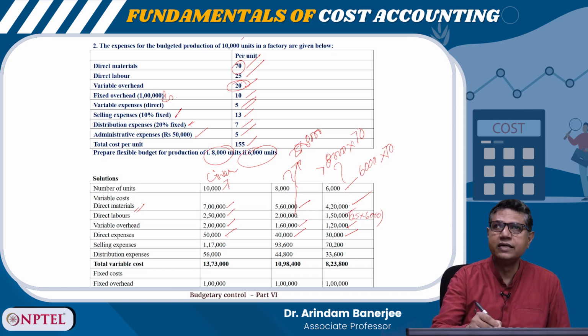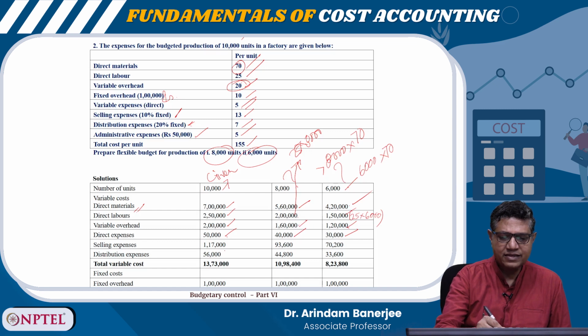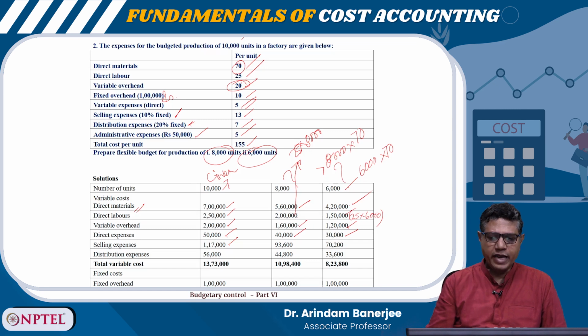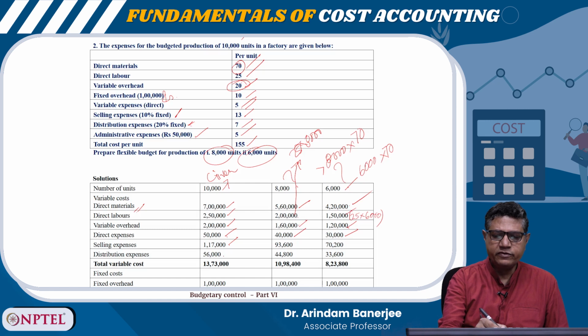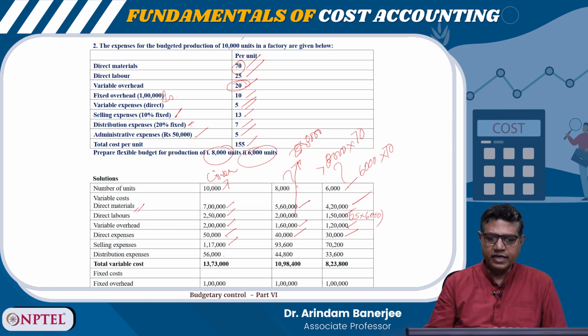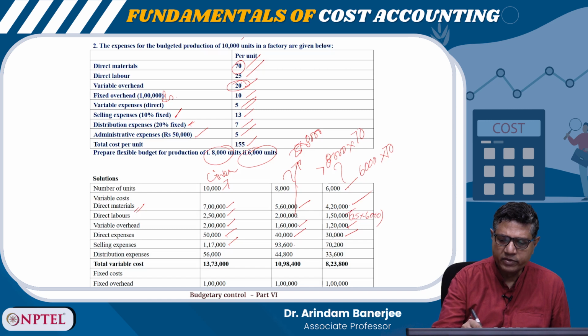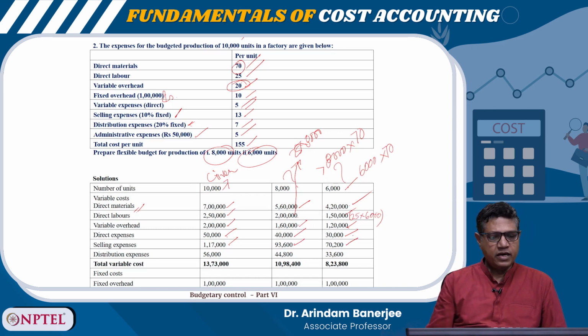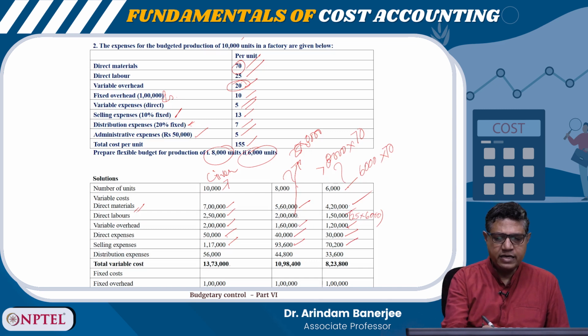The selling expense is 1,30,000, and 10% fixed means the variable portion is 90%, which comes to 1,17,000. The selling expense at 8,000 will be 93,600, and at 6,000 it will be 70,200.